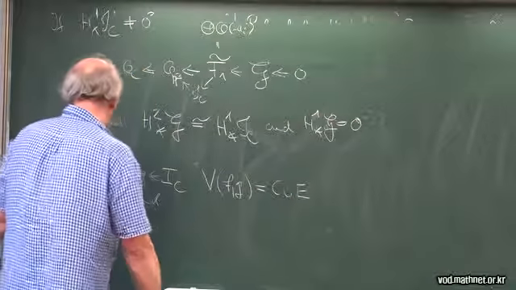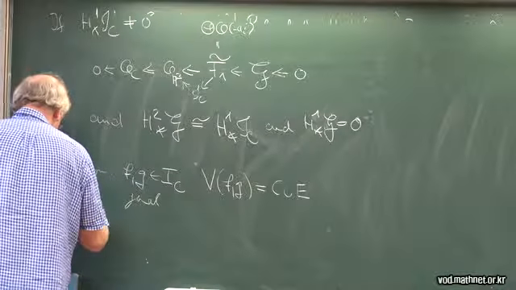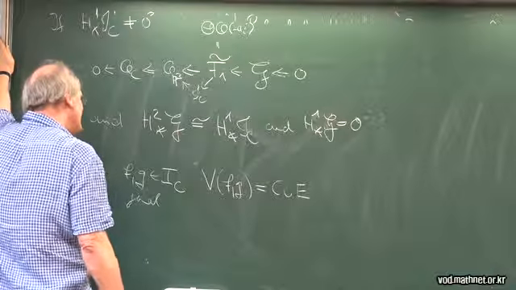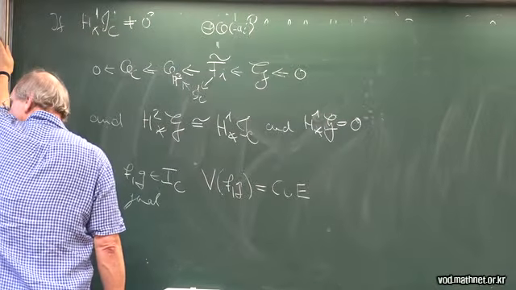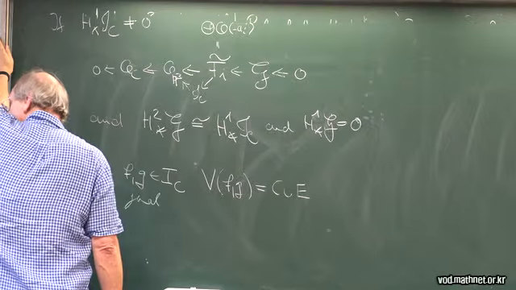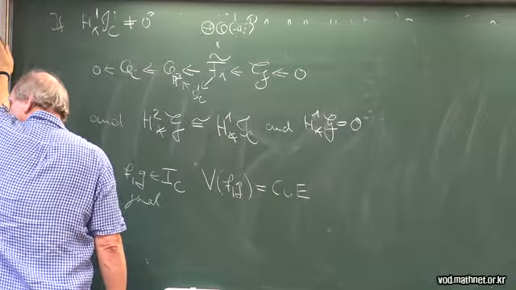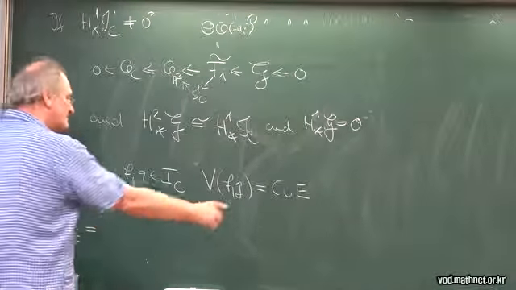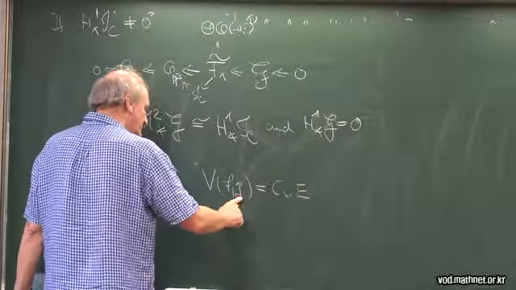So the right way to define it is IE equal to the ideal generated by, which way is it? I take a function which vanishes here, multiply with a function which vanishes here, and it vanishes on the union.